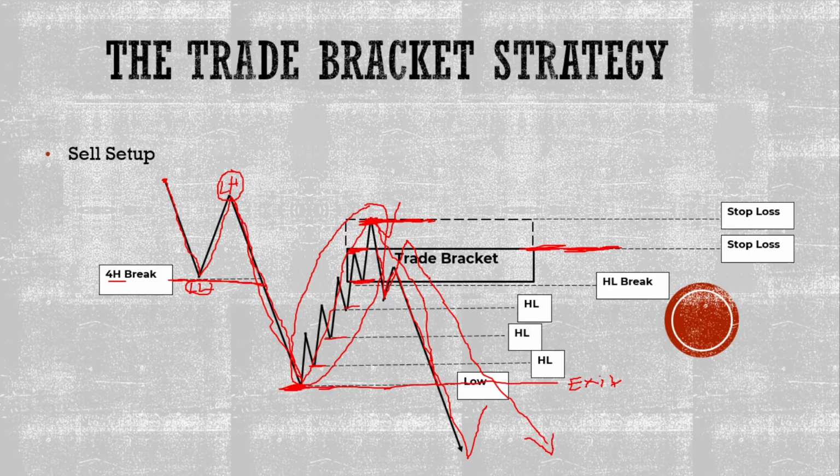If you choose to draw your trade bracket from the last higher low to be broken to the highest point price reached, you will have a lower risk to reward ratio. What that means is you will make less money, but the chances of price pulling back all the way here and taking you out and then continuing in your direction will also be low.